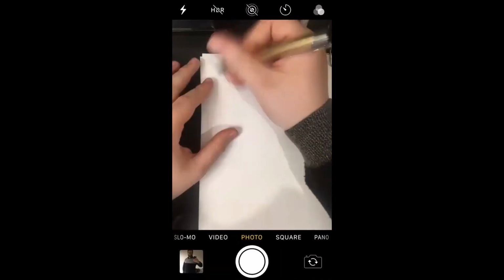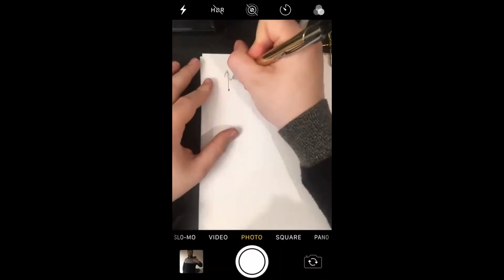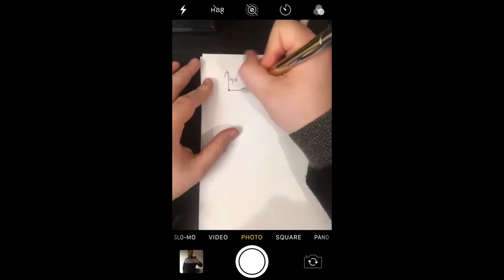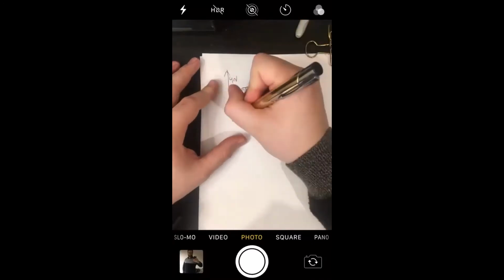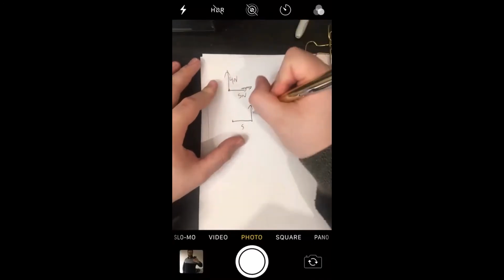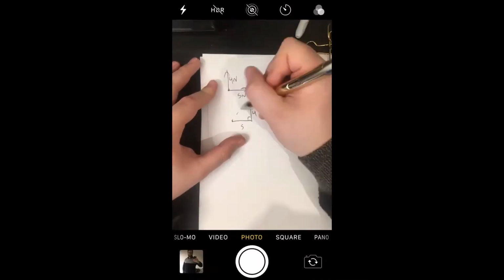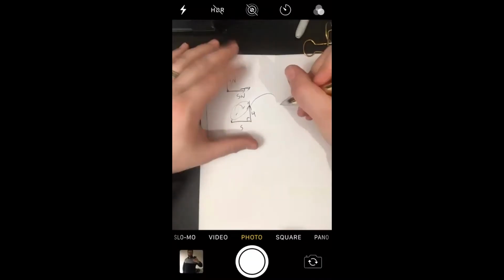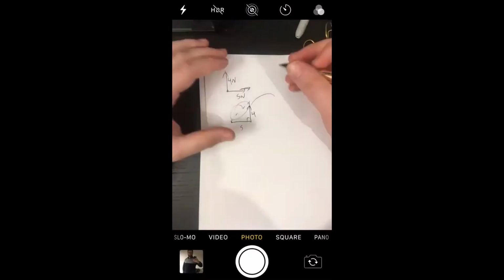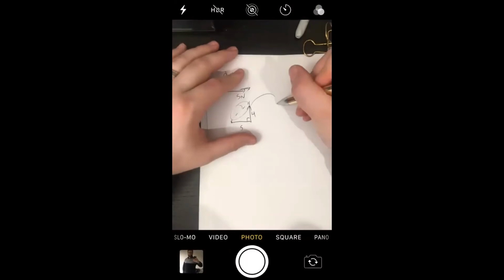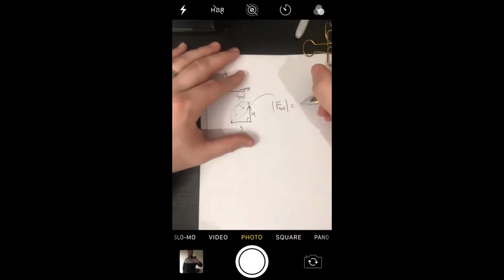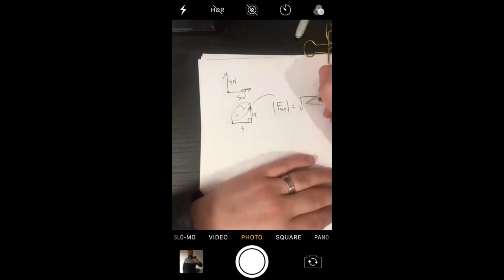We've got 4 newtons going up. We've got 5 newtons going to the right. That is the same as saying 5, 4 with a line going up like this. So if I want to calculate the length of that line, I'm going to have to use my vector quantities. The size of that force is going to be the square root of the vertical force squared plus the horizontal force squared.